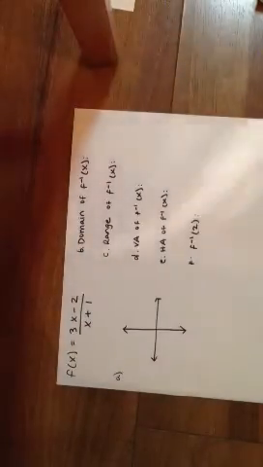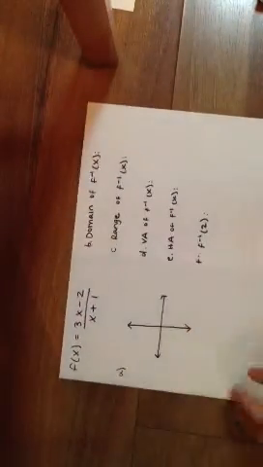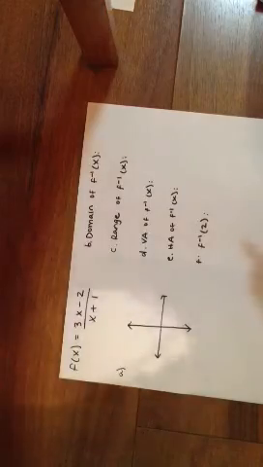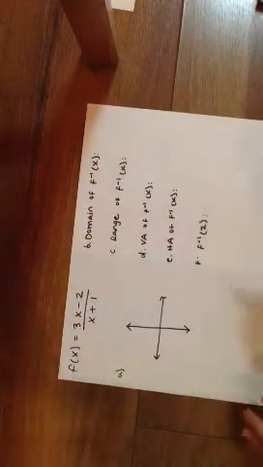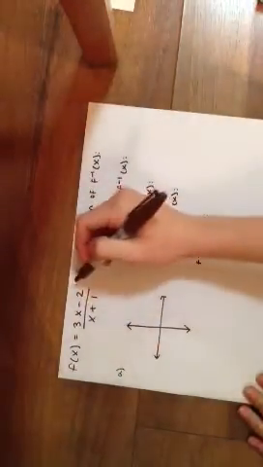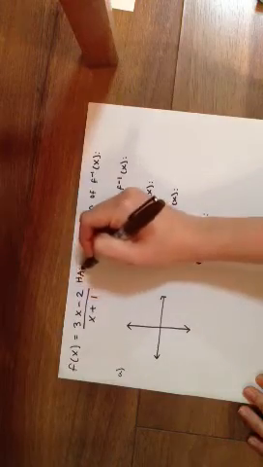Okay, so moving on to graphing. First, they give us here our function, and they are asking to graph it. A very easy way to do it is to find the horizontal asymptote.